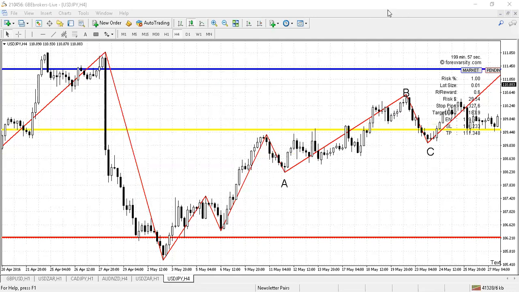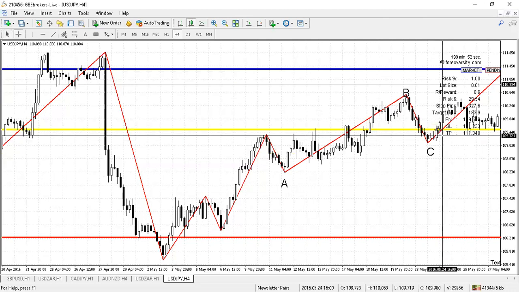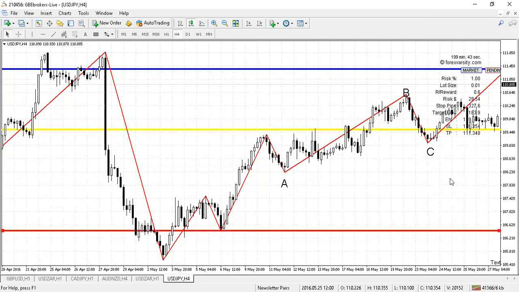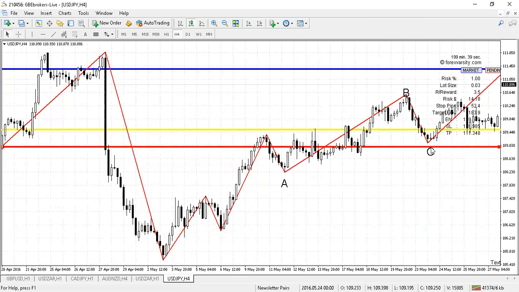So what we do is, again, get our crosshair tool, and we measure down from our entry point until we get to 51 pips, and we place our stop loss there. So it's 40% of the distance between A and the entry point. Just double check it quickly.